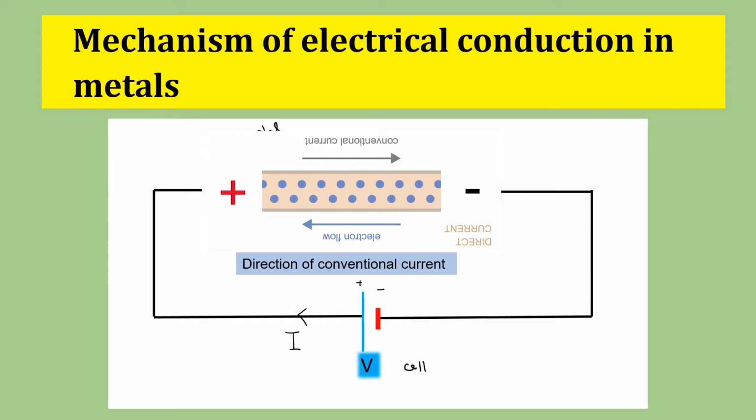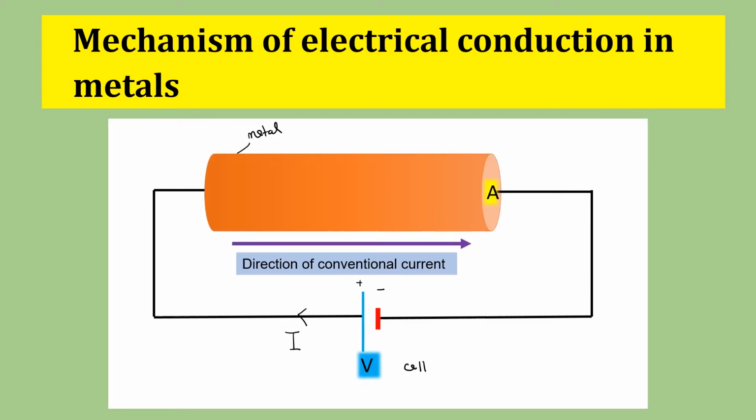We are going to see why, but we are going to consider this circuit here where we have our metal. The length of the metal here, let us say it is L, and its cross-sectional area is A. We are saying this metal is cylindrical. Now, we want to understand the mechanism of electrical conduction in metals. How do electrons flow across conductors?